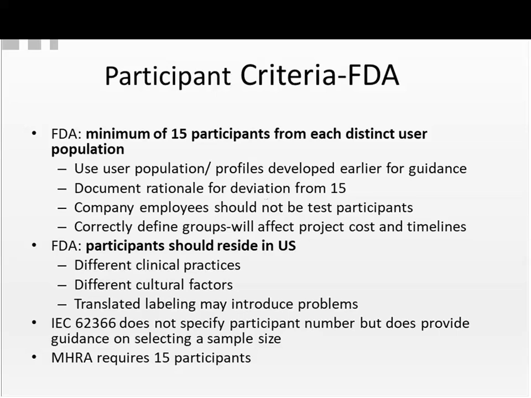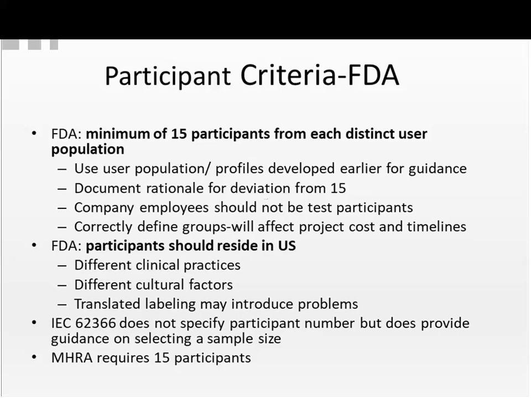Leave it to the company to make a judgment about how many people are appropriate and hope the FDA agreed. With the publication of this latest guidance, the FDA has come up with an answer. What they're saying is there must be a minimum of 15 participants from each distinct user population.